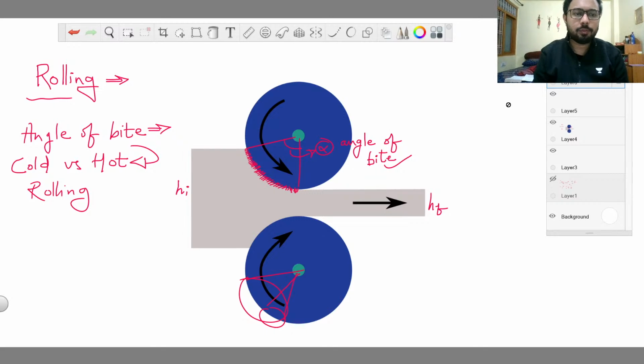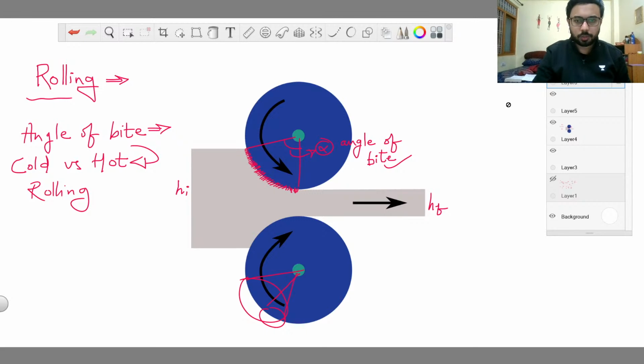Therefore ductility was getting improved, and therefore more reduction can happen in hot rolling than in the cold rolling process, and therefore the angle of bite will be greater, because the angle of bite is the angle that the contact length is making with the center.